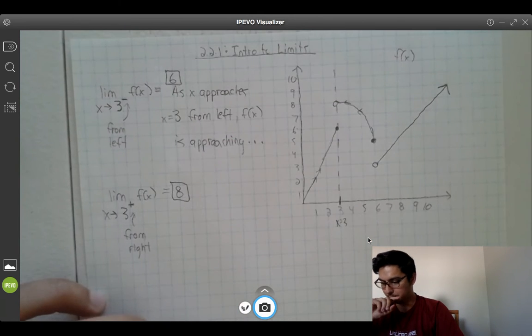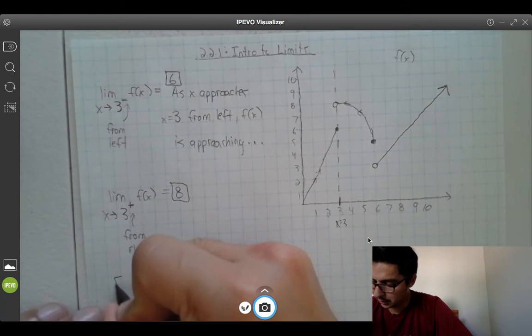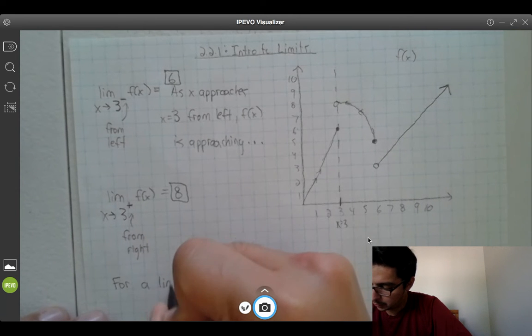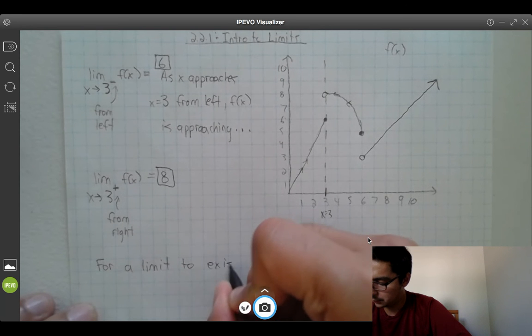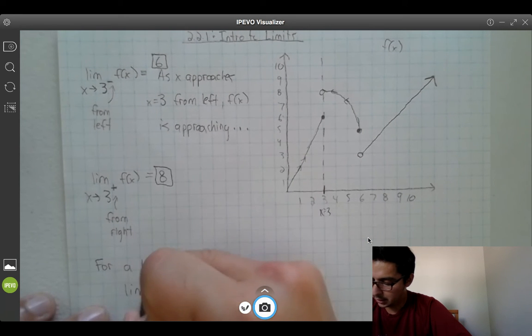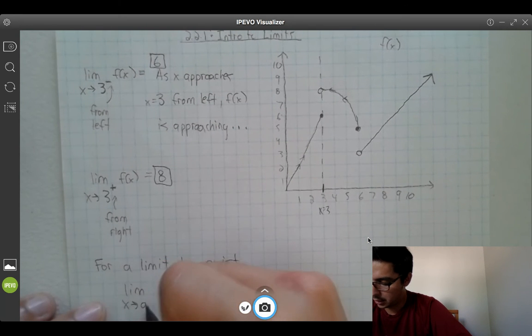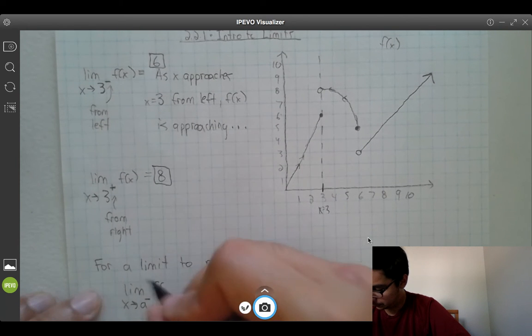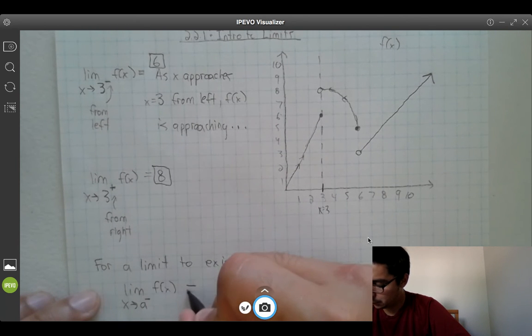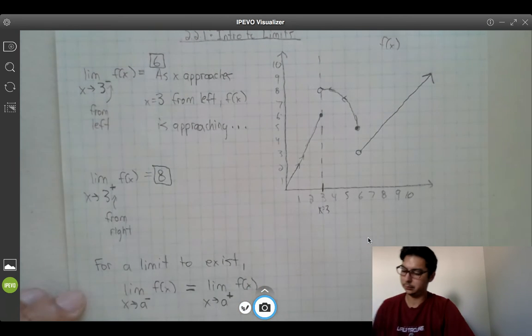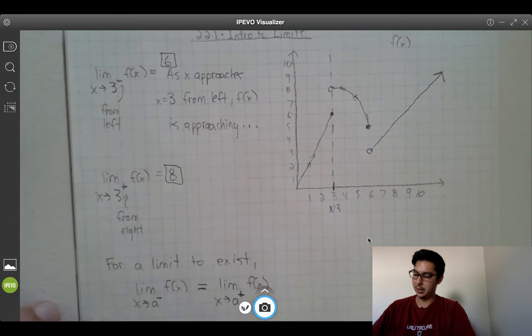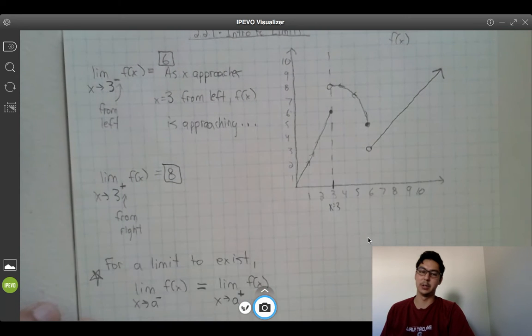Okay? Now for a limit to exist, the limit as x approaches a from the left of f of x has to equal the limit as x approaches a from the right of f of x. Right? And that's what it means for a limit to exist.